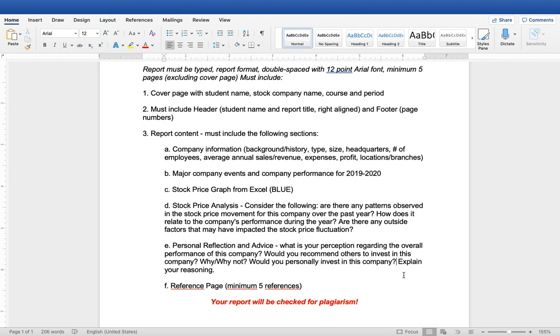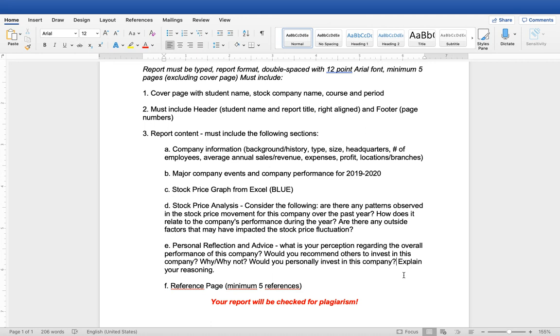Please do not include Google as a reference. Google is not a reference. Google is a search engine. Avoid using Wikipedia. On Wikipedia, you can find some reliable information, but you have plenty of other places to find information about the company that you're tracking.